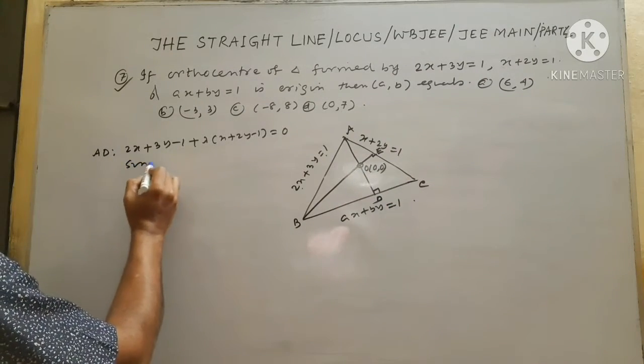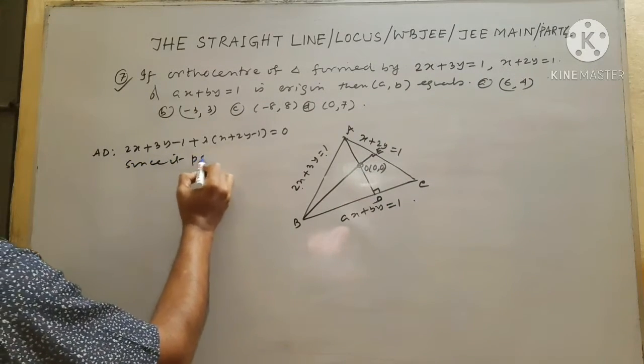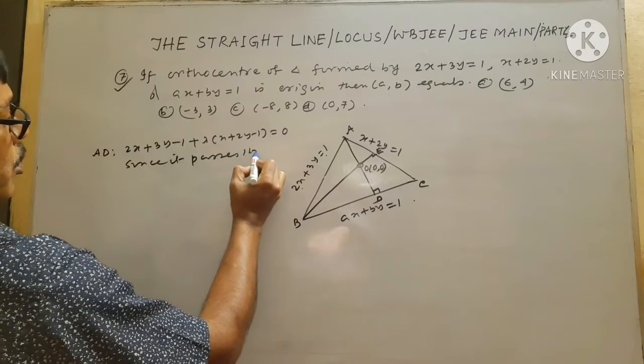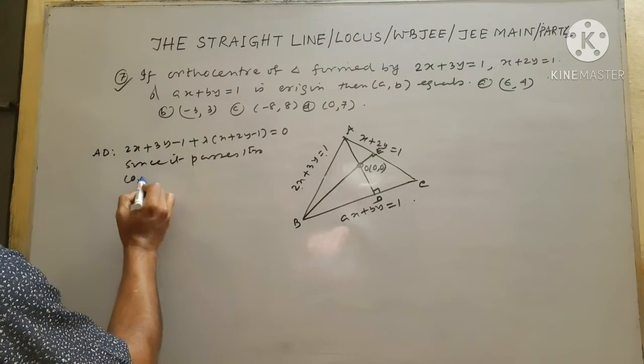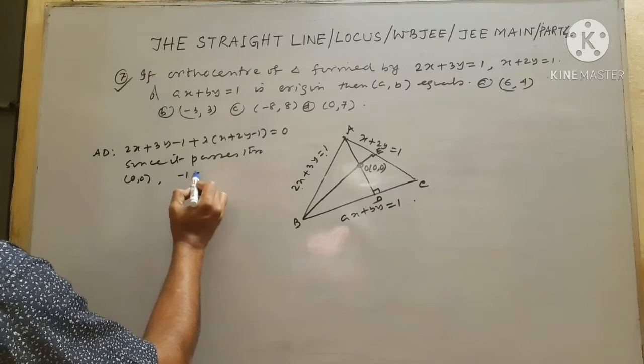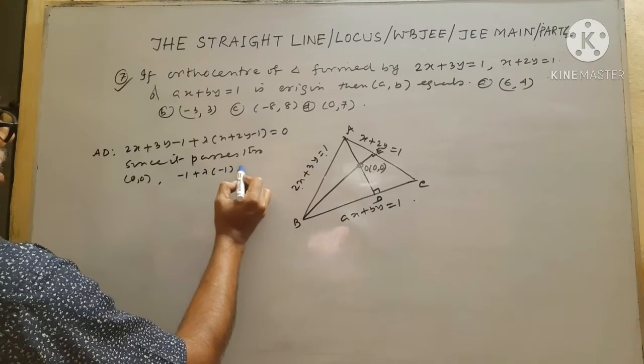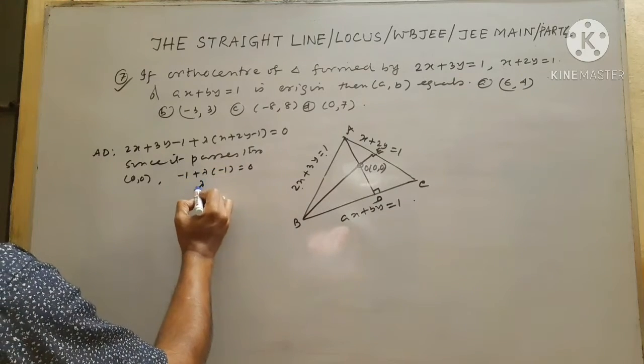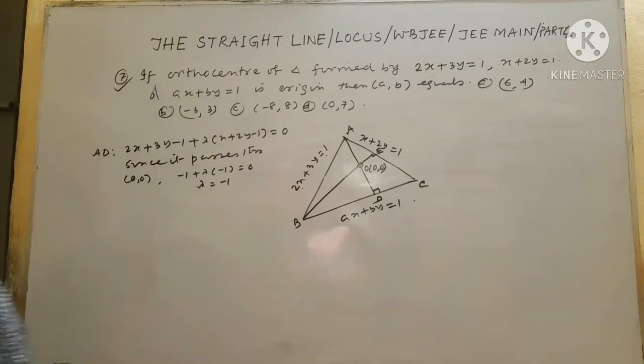Since it passes through (0, 0), -1 + lambda(-1) = 0, so lambda equals -1.